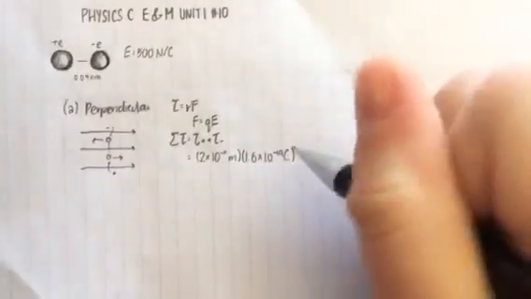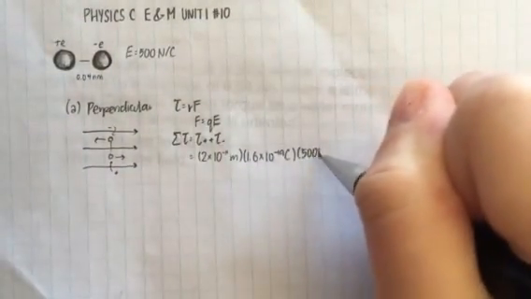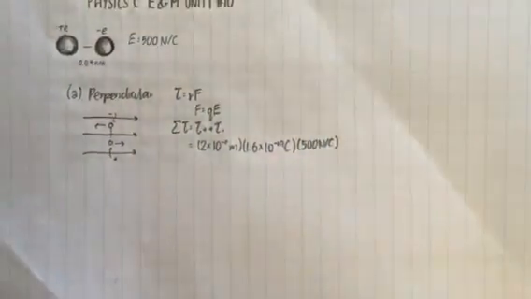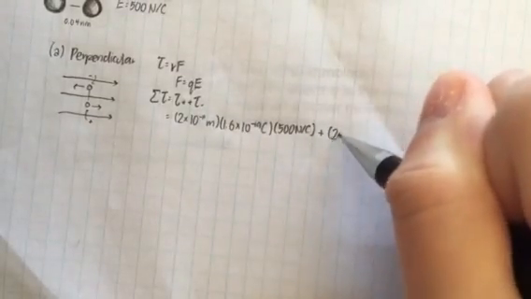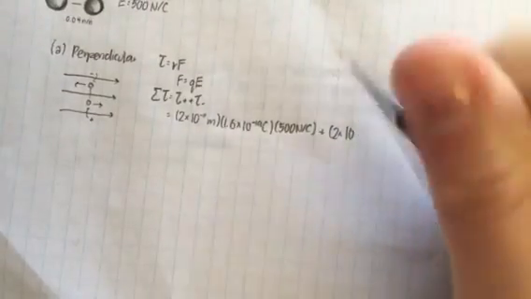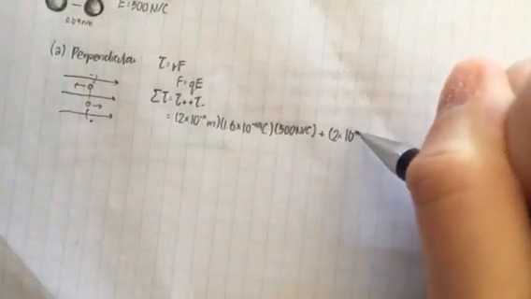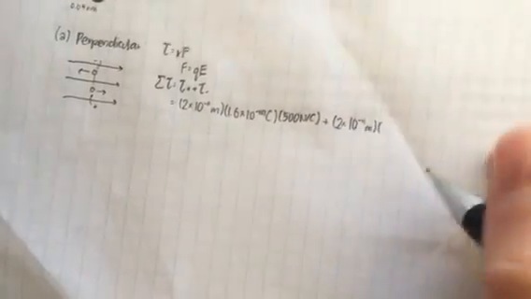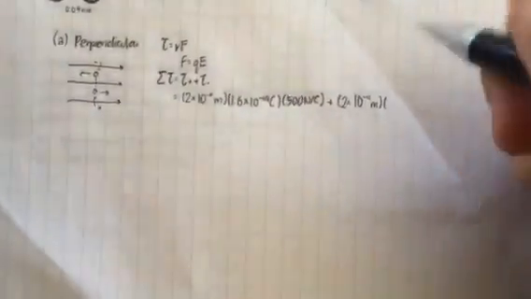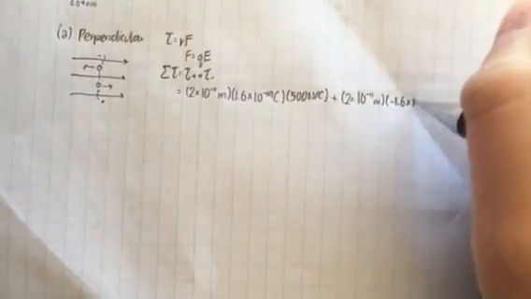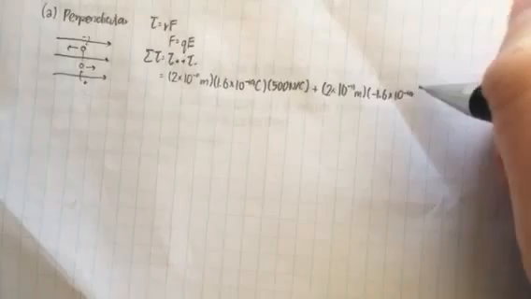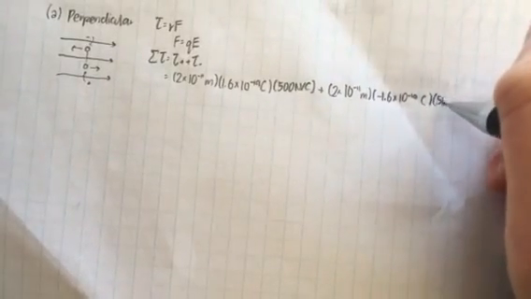And then the electric field, which is 500 newtons per coulomb. And then we're going to add 2 times 10 to the negative 11th meter times negative 1.6 times 10 to the negative 19th coulombs, times 500.